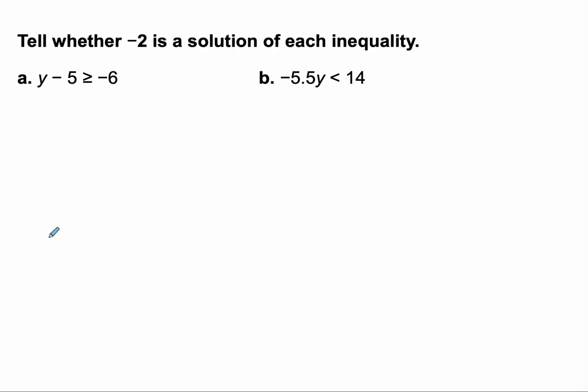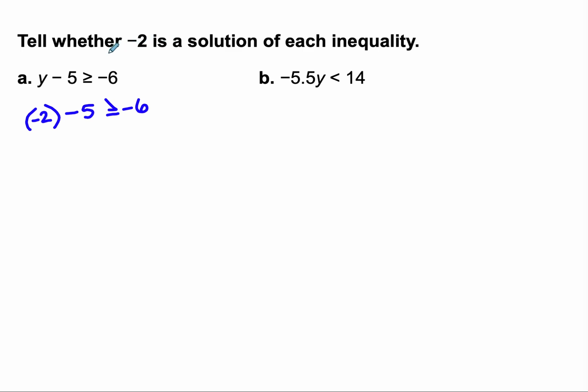All right, so for our next type of problem, we're looking at whether something is a solution of the inequality. To do that, we take whatever the value is and put it into the inequality and simplify it to see if it's true or not. So let's take a look at this first one. Instead of the y, I'm just going to put in a -2, minus 5 is greater than or equal to negative 6.